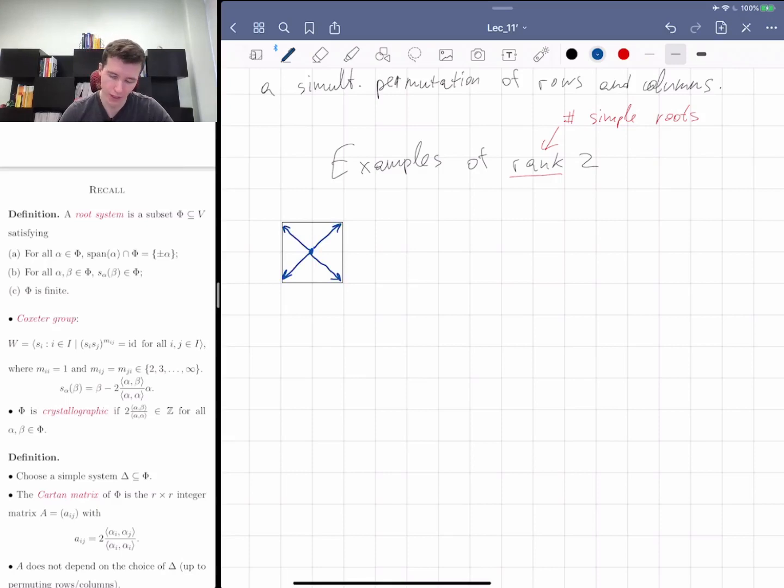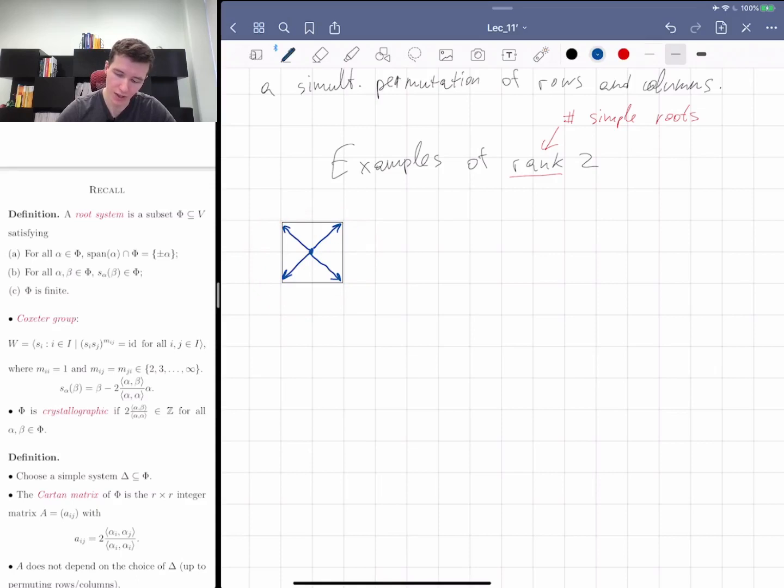And then for the square, it turns out that the answer is not interesting, because, well, you can stop the video and think about what is wrong. We have some standing assumption on root systems that is not satisfied for this root system.